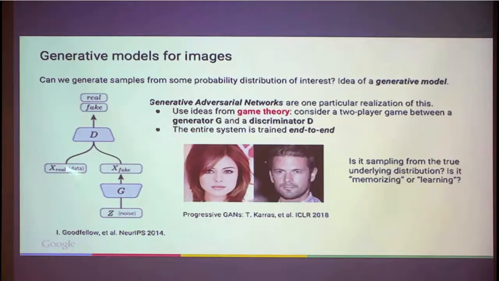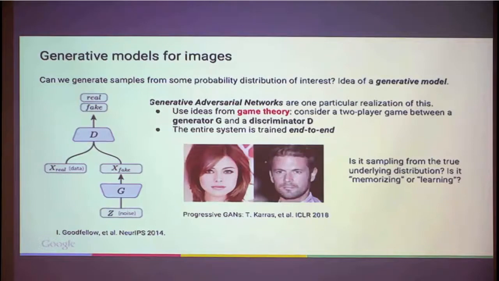On the other hand, you have access to some real data. And so the discriminator here is something that is going to look at both of these, both the real samples and the fake ones. It's not going to know which came from which one, but its job is to try to distinguish the two and do that as well as it can. So the discriminator wins its game if it can distinguish between fake and real. And so this is kind of an adversary.